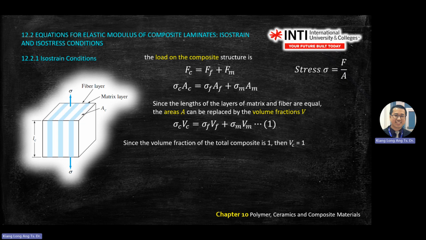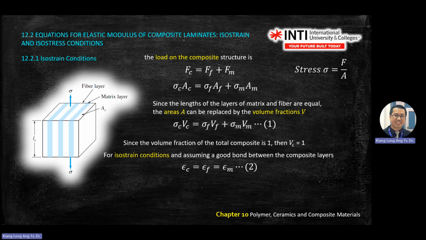Okay, so you know that VF plus VM equals 1. This is the volume fraction. Let's say you have 40% of fiber, you should have 60% of matrix. Okay. So for the isostrain condition, assume good bonding.